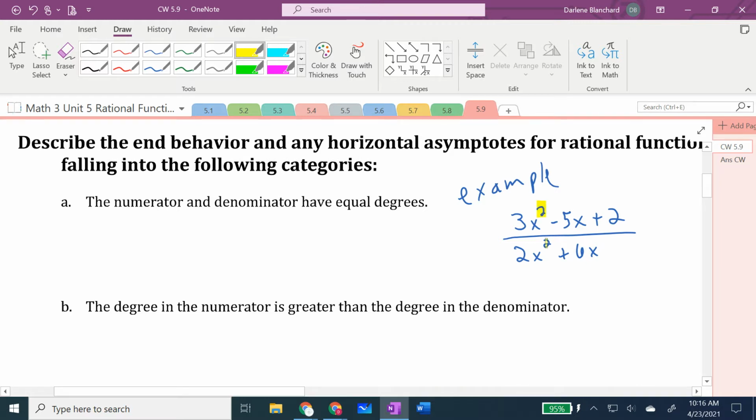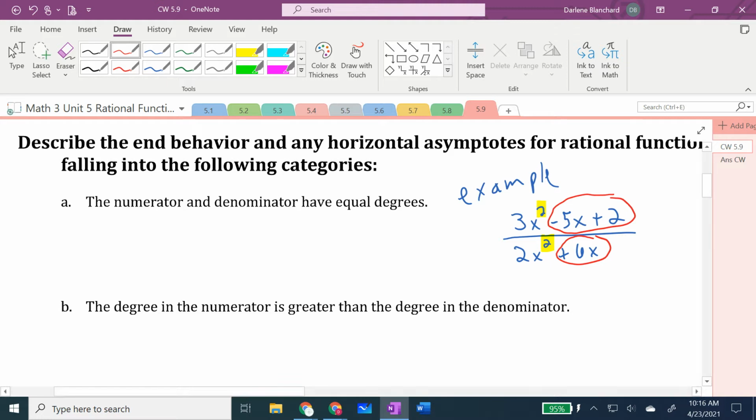If your largest exponent in the numerator and your largest exponent in the denominator are the same, then when x gets really, really big, the addition or subtraction of lesser degree terms within the numerator polynomial and within the denominator polynomial are going to slowly become obsolete.